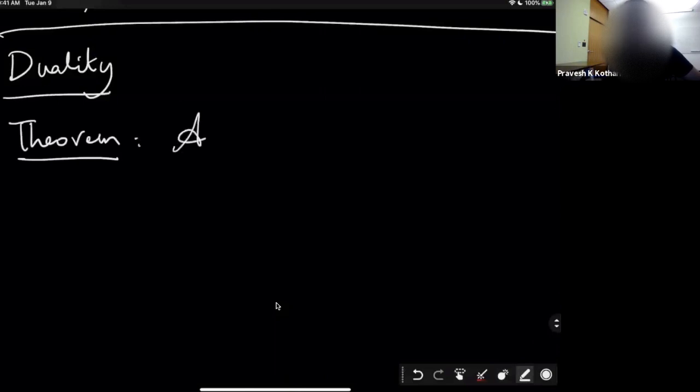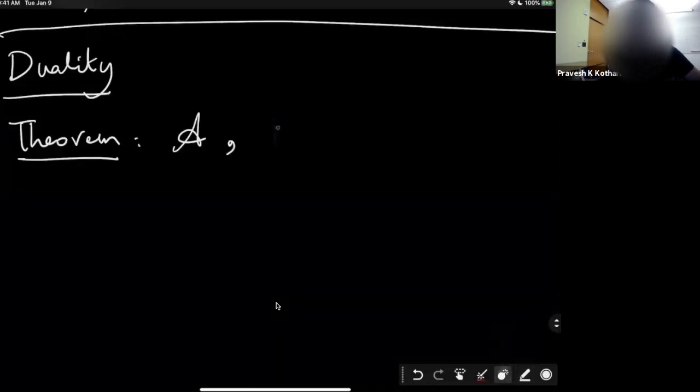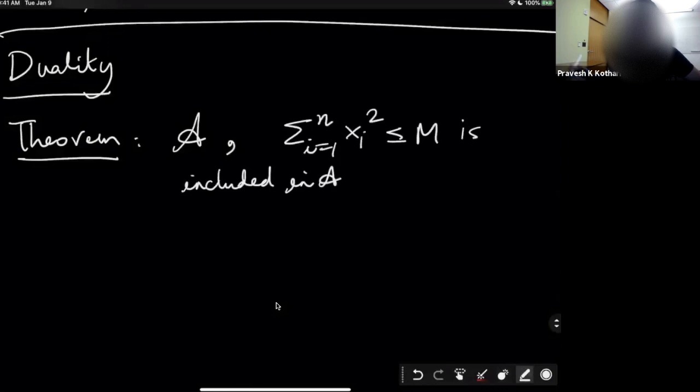Just state. So let's say A is the system of polynomial inequalities as we've been working with so far. And we are going to assume in addition that this particular inequality is included in A. Okay. In fact, such sets are kind of important, and they occur lots and lots of times in applications.